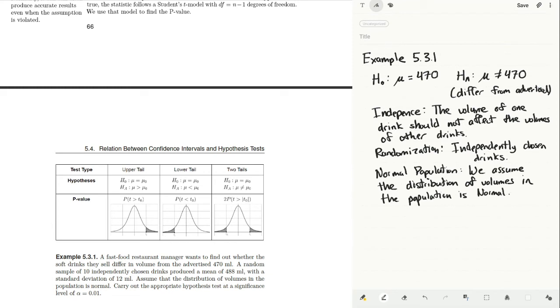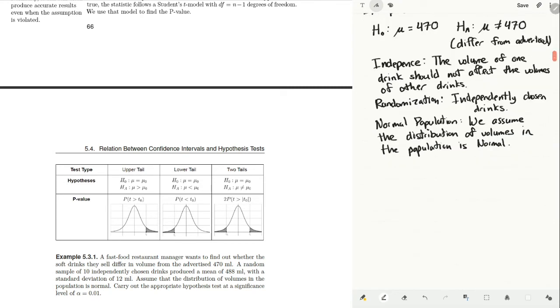And since we're dealing with a small sample size, then this assumption needs to be made in order for the results to be valid. And this was given to us in our problem. So now let's calculate the test statistic.